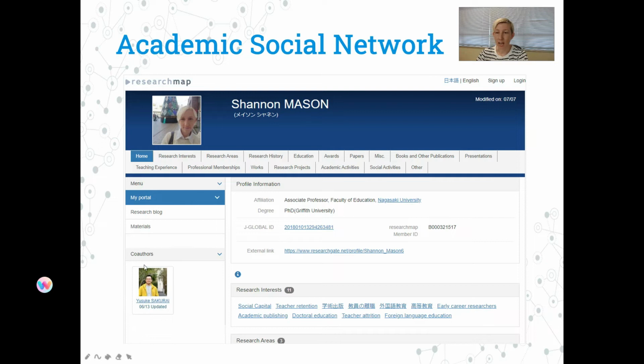I can also connect with my co-authors and I can find other researchers. ResearchMap is available in Japanese and English, but to be a member, you do need to be affiliated with a Japanese university. So you need an .ac.jp email address. So as an academic social network, ResearchMap is a domestic ASN, so it's not international.